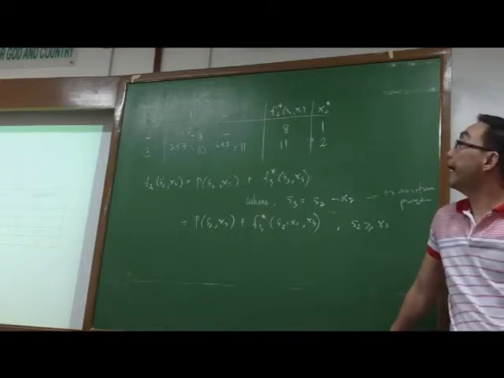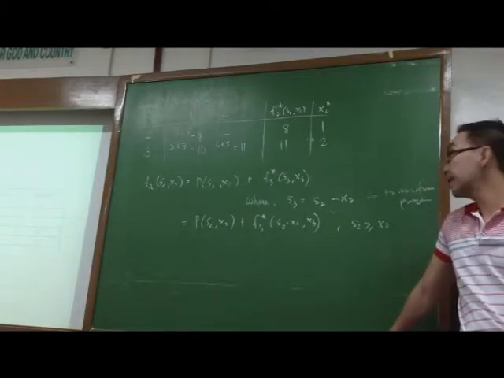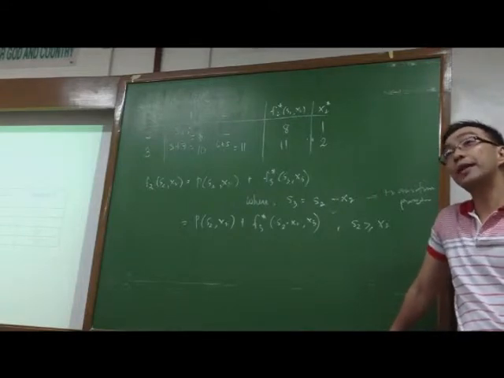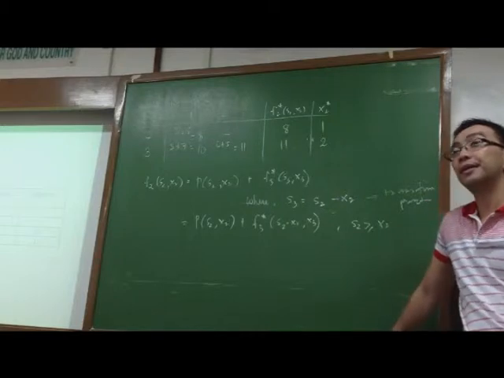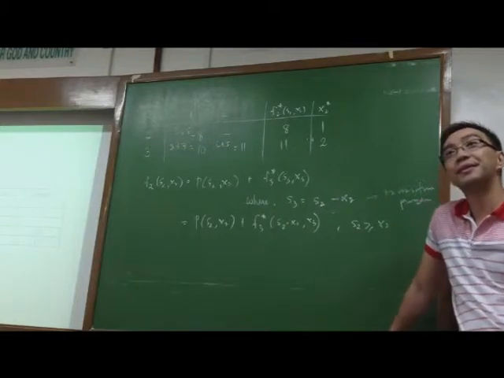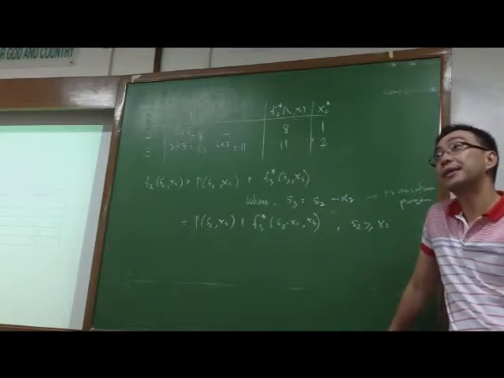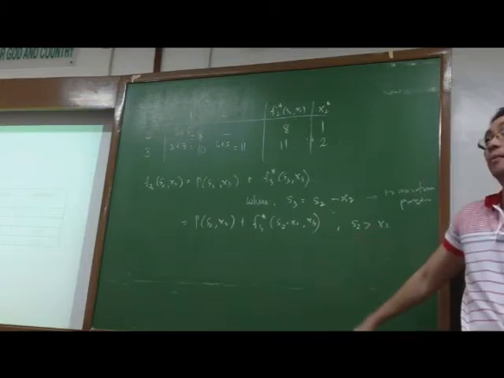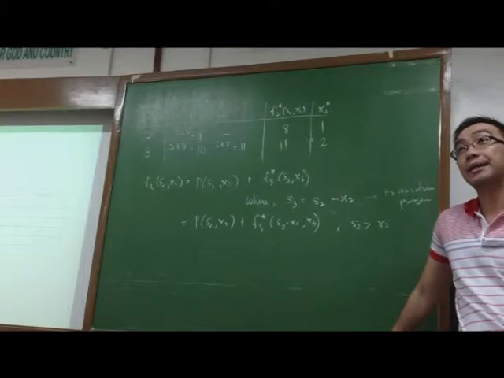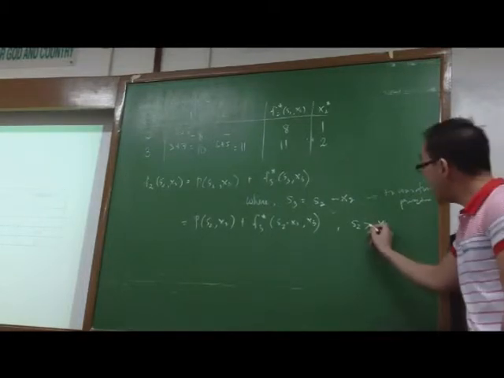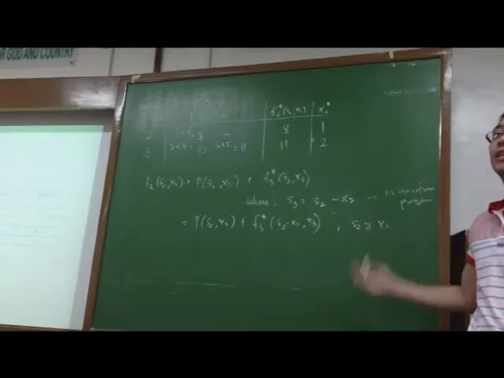If X2 is 1, then S2 should be at least 1 plus 1. Pwede greater lang. Pwedeng greater lang. Okay? Tama? O pwede ko lagyan siya ng equality. Kasi pwede rin, actually.